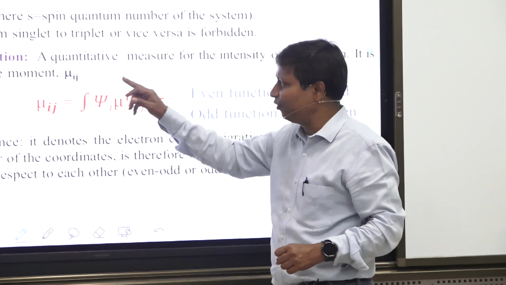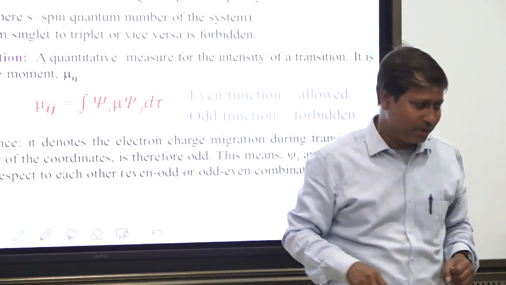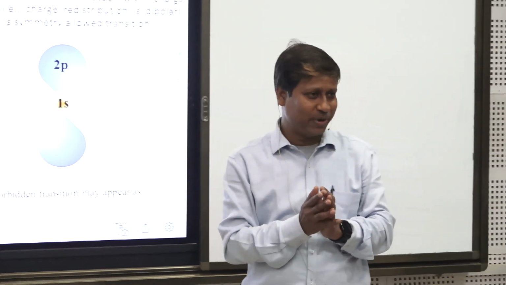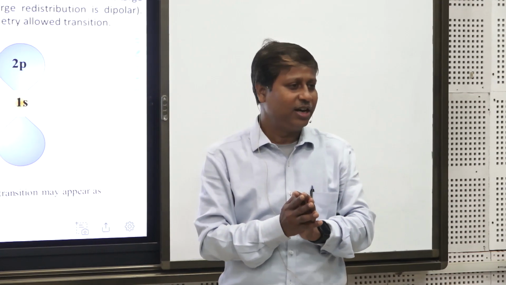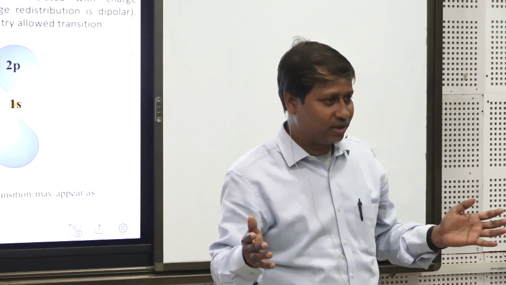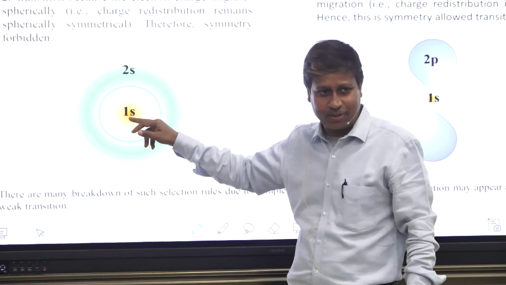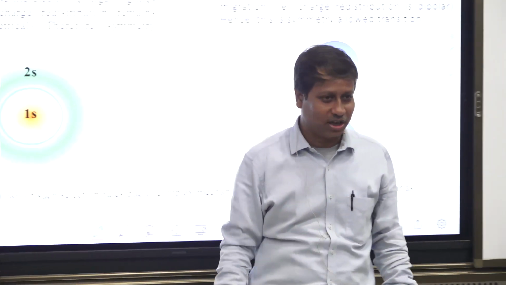Another is the symmetry forbidden transition. Symmetry forbidden transition says that if there is no change in the symmetry, then there is no change in the dipole moment and the molecule does not interact with the electromagnetic radiation. For example, if you have 1s and 2s where symmetry is the same, then there will be no transition.